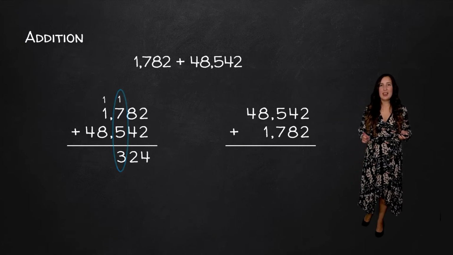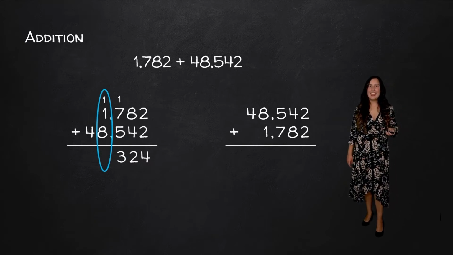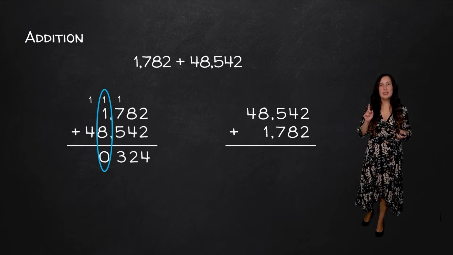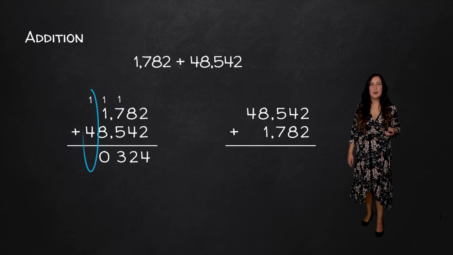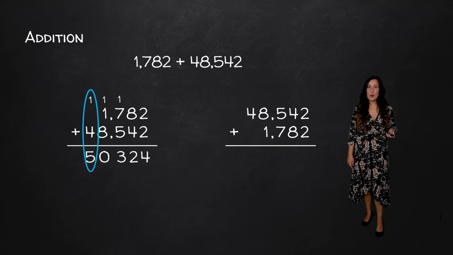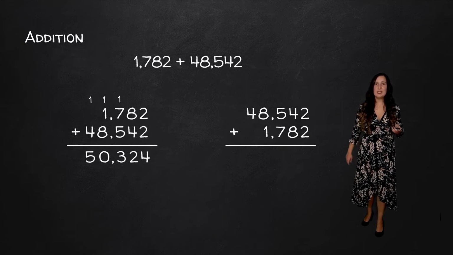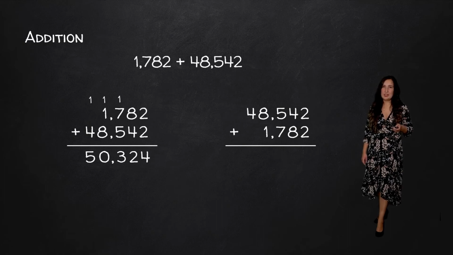So now in our next place value, 1 plus 1 plus 8, and that gives us 10. So we bring down the 0 and we carry over the 1. And in our final place value, we have 1 and 4 here, and if we add those two together, it equals 5. So our final answer is 50,324.